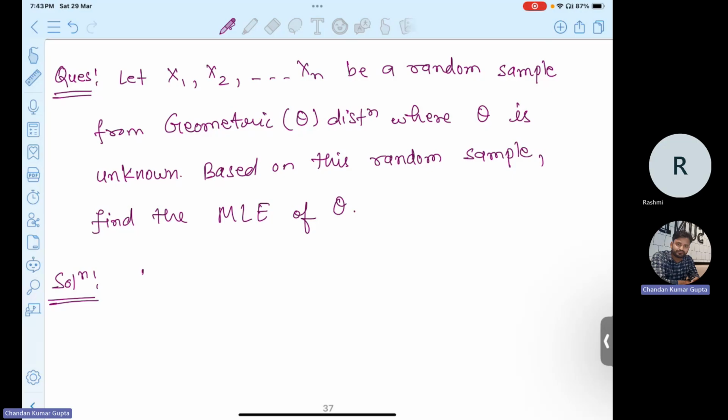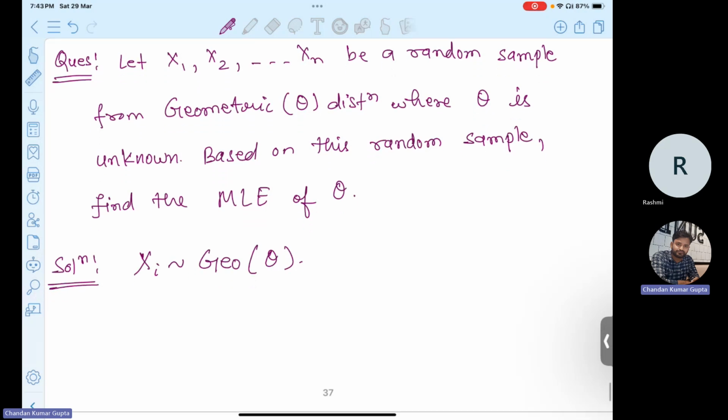We are given that x follows a geometric theta distribution. That means the probability mass function of x is 1 minus theta to the power x minus 1, into theta. This is the probability mass function for the geometric random variable.